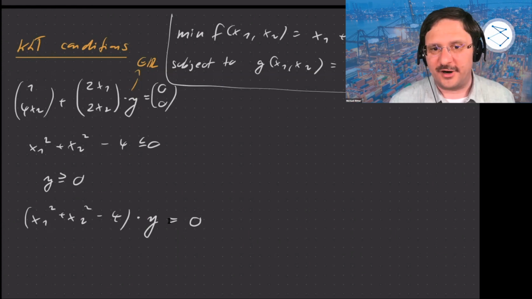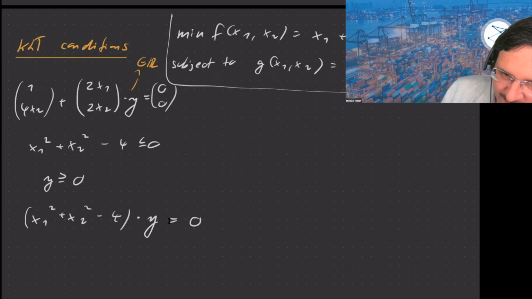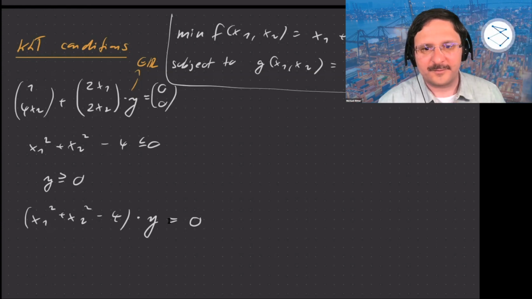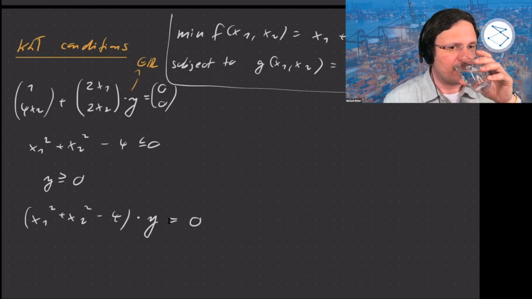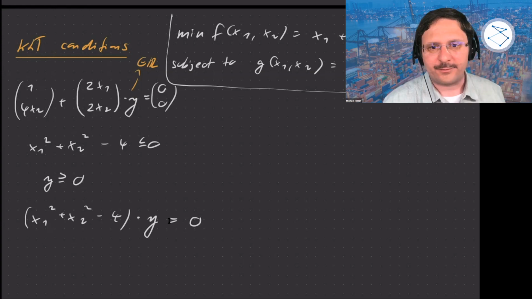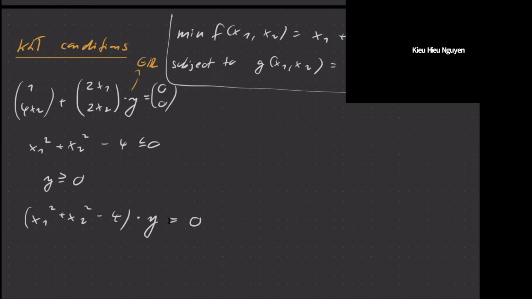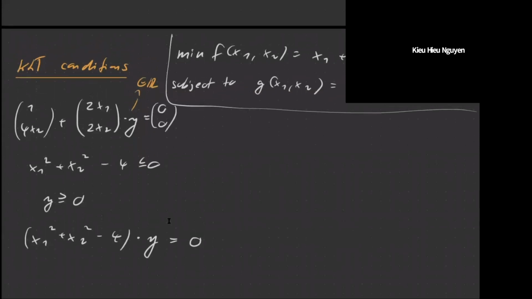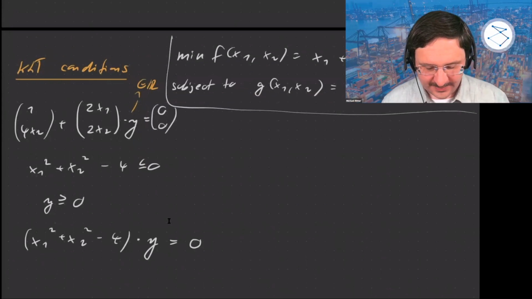Any questions so far before we try to solve that system? I think there is one question. Would there be a difference if we have a greater or greater equal or strictly greater condition? Yes.